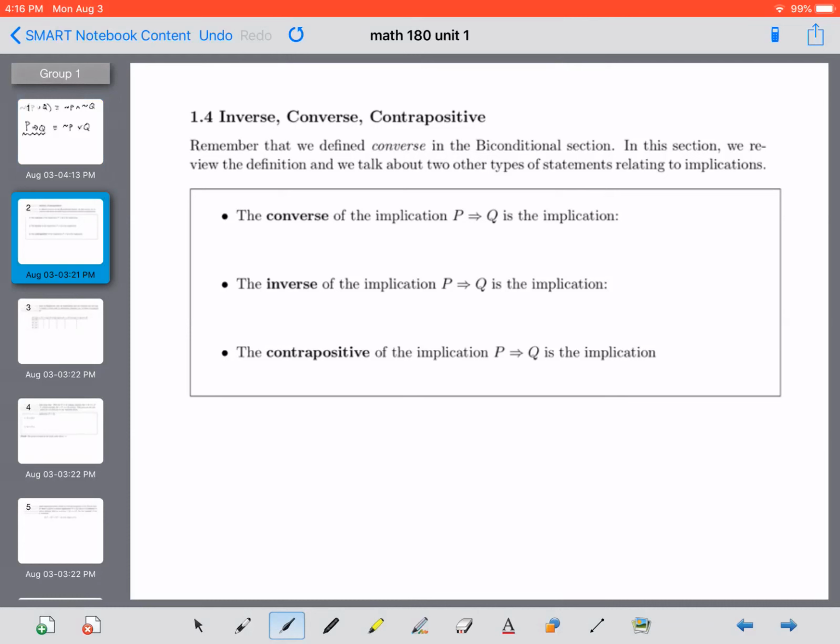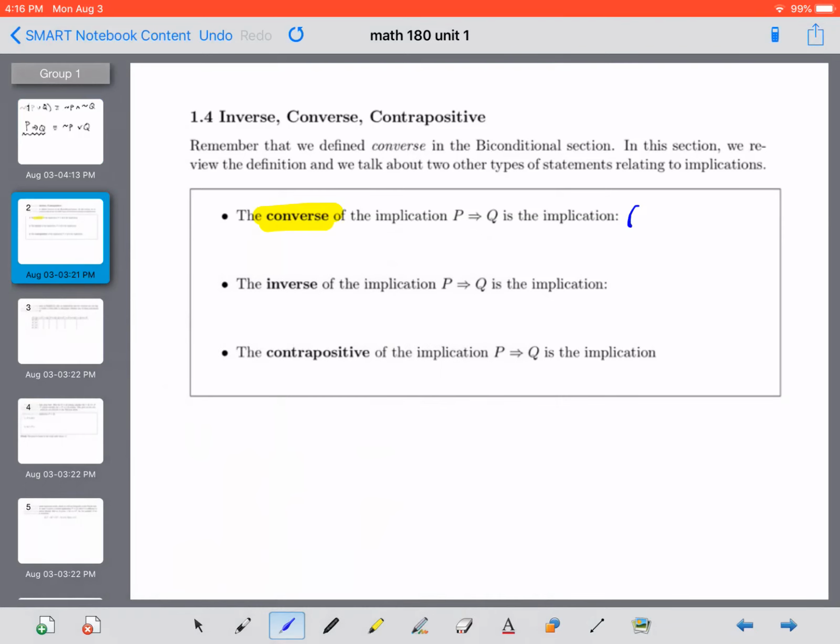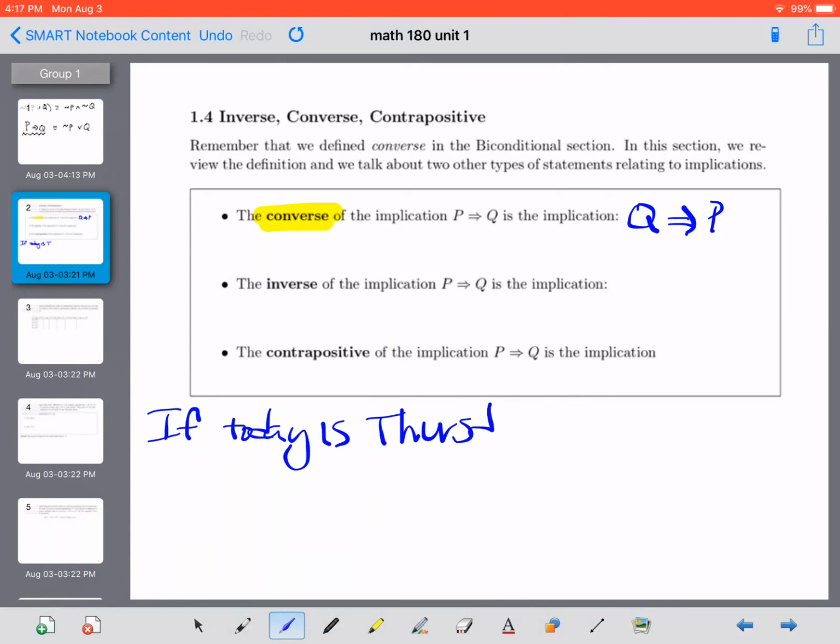So the converse, recall, of an implication of the form P implies Q would be the implication of the form Q implies P. So this just swaps the hypothesis and the conclusion. So if your statement is, if today is Thursday, then I have to work.